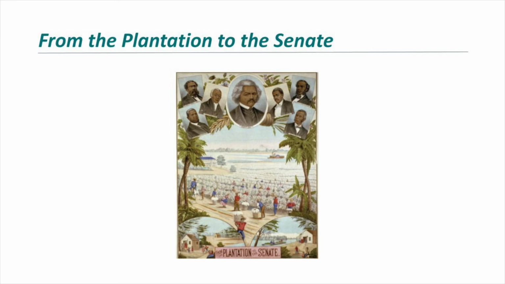Among the black leaders pictured at the top are Reconstruction Congressman Benjamin S. Turner, Josiah T. Walls, and Joseph Rainey, Hiram Revels of Mississippi, the first African American senator, religious leader Richard Allen, and abolitionist Frederick Douglass and William Wells Brown. At the center, emancipated slaves work in the cotton fields, and below, children attend school, and a black family stands outside its home. You have to zoom in to see that.